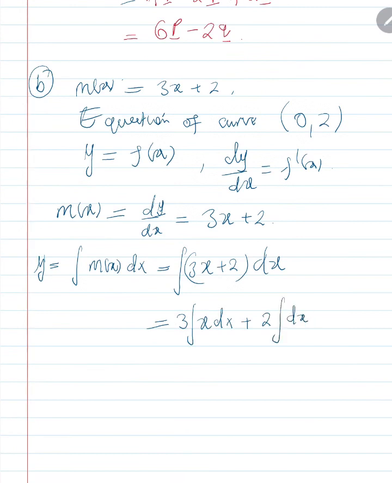Now remember, when you are integrating, you increase the power of your variable by 1. So x to the power 1 becomes x to the power 2, divided by 2, which gives 3x squared over 2.